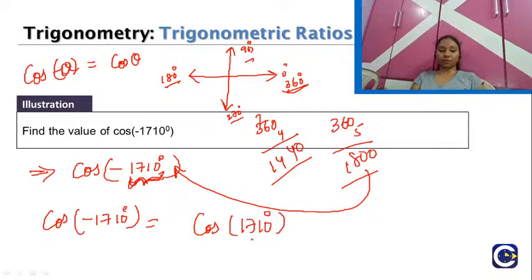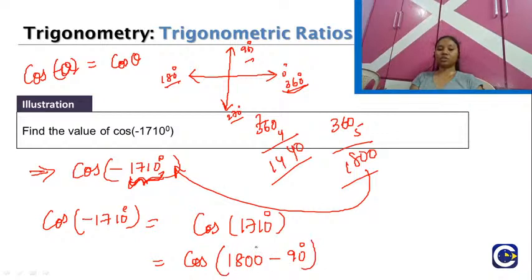Now I am rewriting this 1710 degrees as cos of 1800 minus 90 degrees. This 1800 can be written as a multiple of 5, that is 5 times 360 degrees minus 90 degrees.